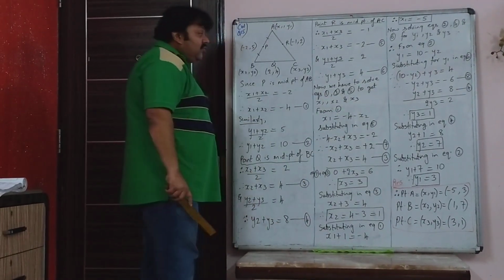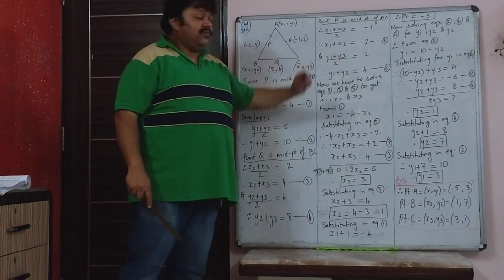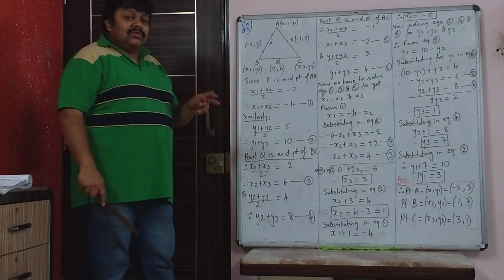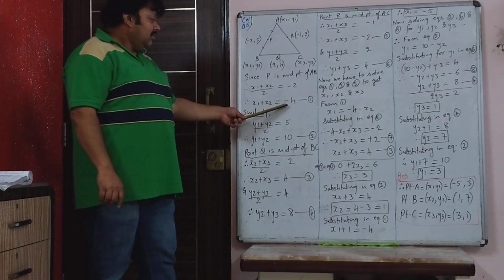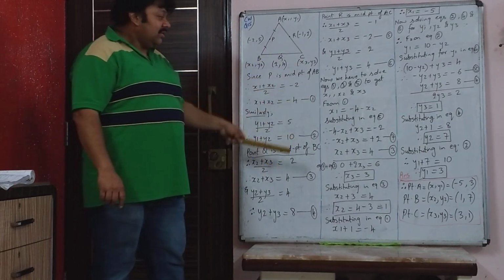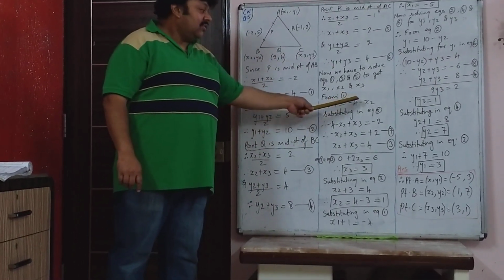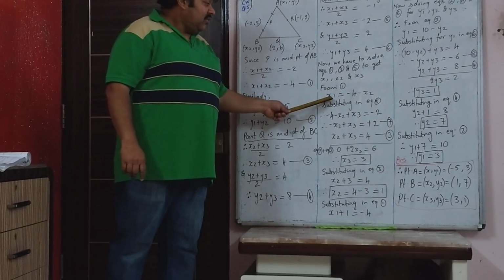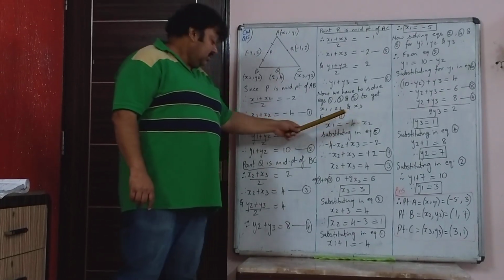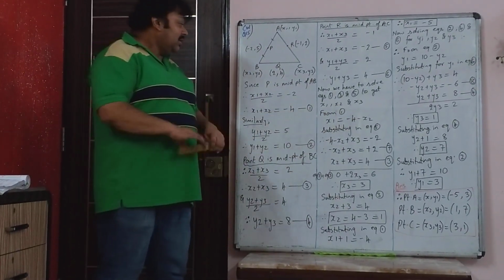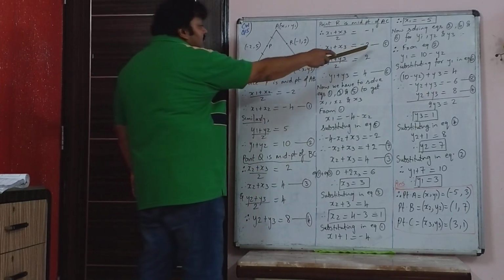So now we have to solve 1, 3 and 5 to get 3 unknowns, x1, x2, x3. First I can write x1 is minus 4 minus x2. Using the substitution method of simultaneous equations, I am going to substitute this x1 in the other equation which has x1, that is equation 5.